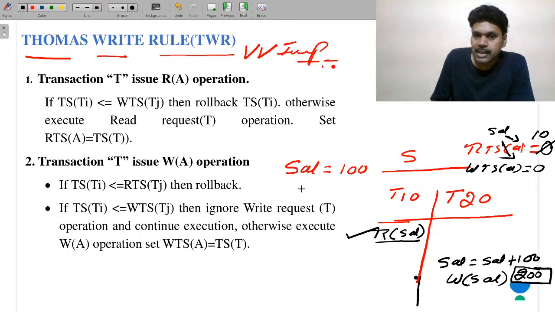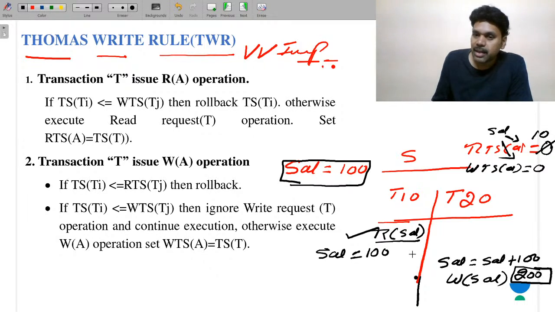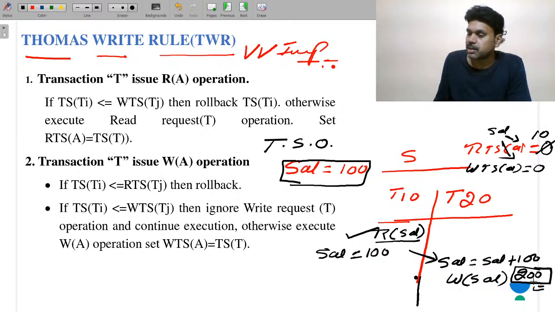Salary is initially 100, so I come to know that salary is equal to 100 here. This is shared with others. I am talking about timestamp ordering only. So salary is equal to sal plus 100, write salary, it becomes 200. It's acceptable.